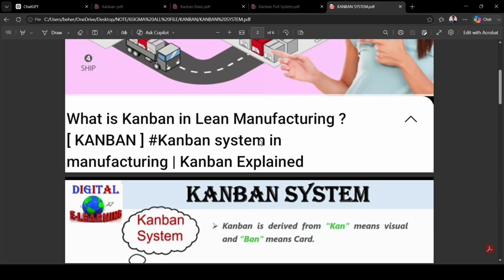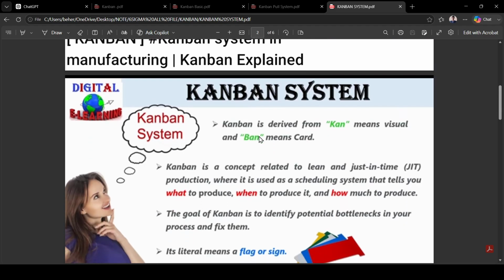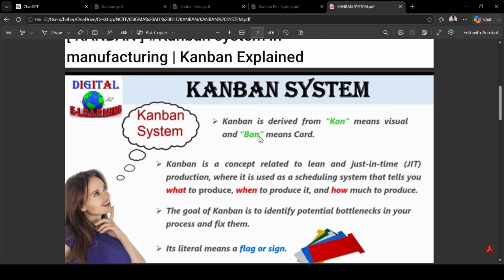So what is Kanban in lean manufacturing? Kanban system in manufacturing. Kanban is derived from Kan meaning visual, and Ban meaning card.